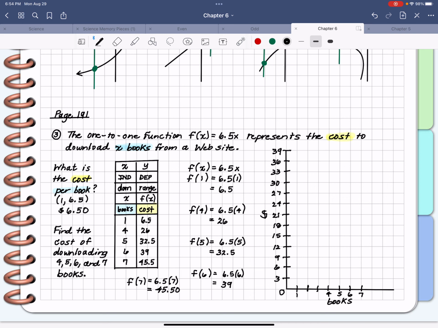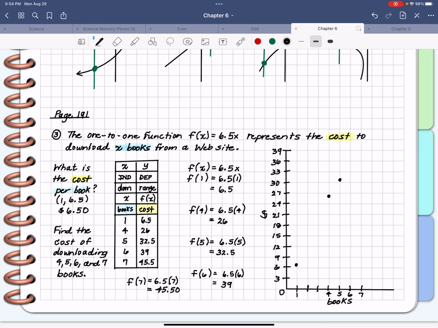So cost depends on how many books you buy. So when you buy one book, you will spend $6.50. When you buy 4 books, you will spend $26. So I'm having to sort of estimate on my graph, and that's okay. 5 books is $32.50. 6 books is $39.